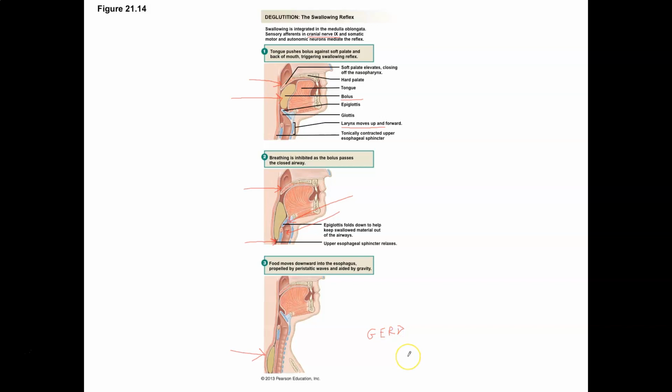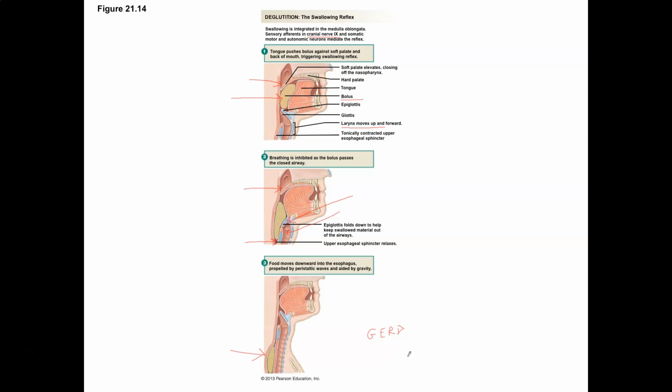That's when that sphincter doesn't properly keep the contents of the stomach within the stomach, and so you get regurgitation into the esophagus, and that will irritate the esophagus, and it causes pain and irritation and inflammation. We typically call it heartburn, but really it's esophageal burn, right? You're burning the mucosal lining of the esophagus.